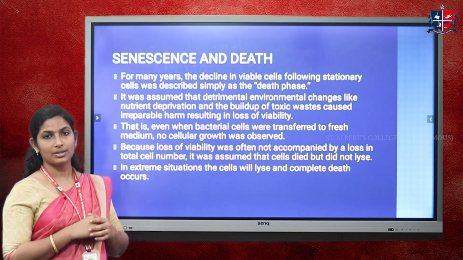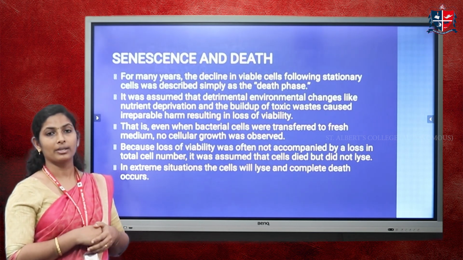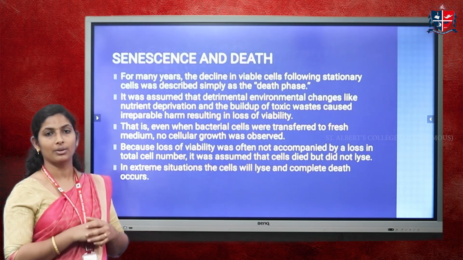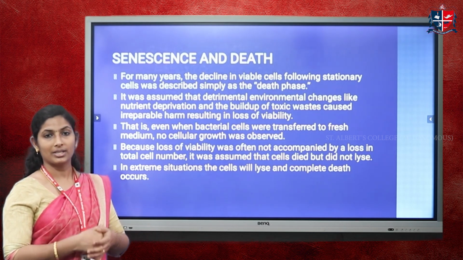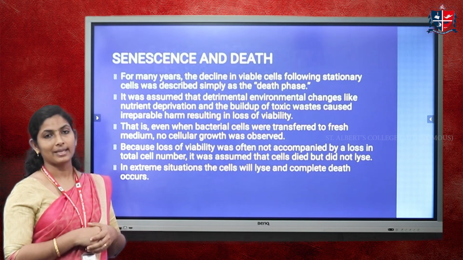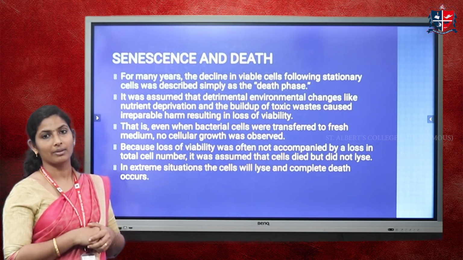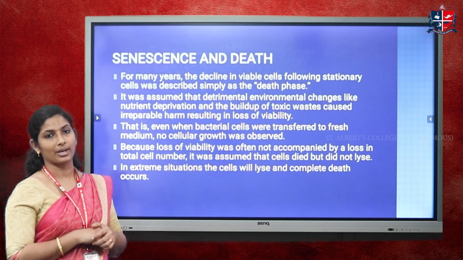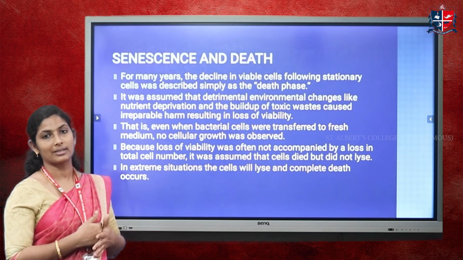That means the cell is not in a dormant condition, but has already received the signals for death. They are destined for death, and during this time the cell lyses and releases all its content to the environment, and is totally destroyed. So that is the difference between senescence and death.